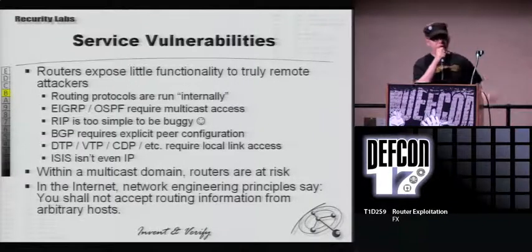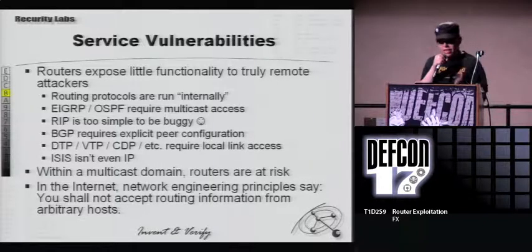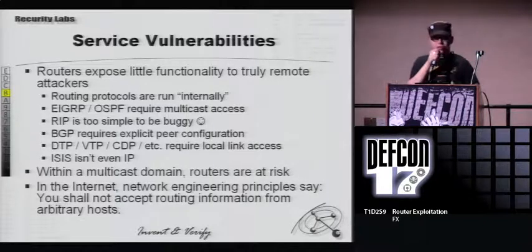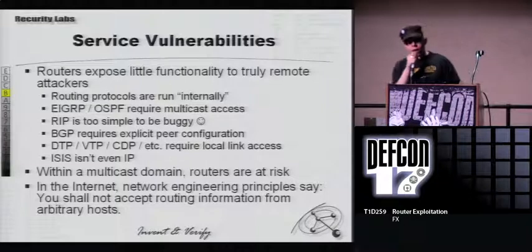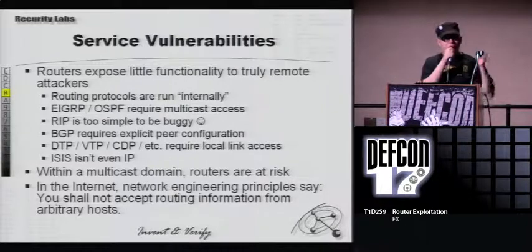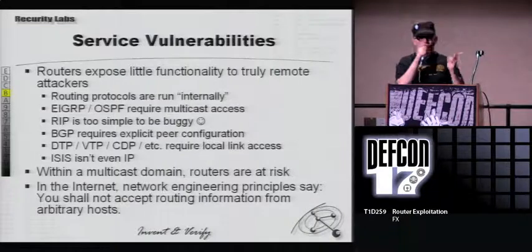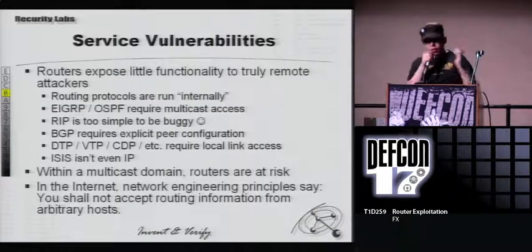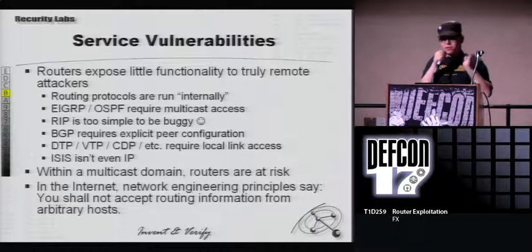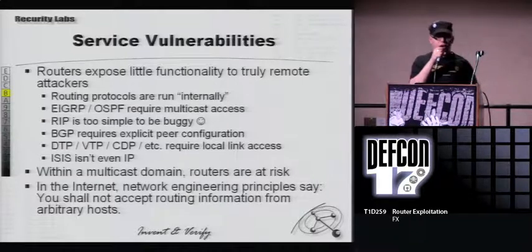And some routing protocols like ISIS don't even speak IP. It's not IP, right? So you can't route it on the internet. If you are within the same multicast domain, let's say within a large corporate network, good fun. But over the internet, the principle is don't trust routing updates from arbitrary people.